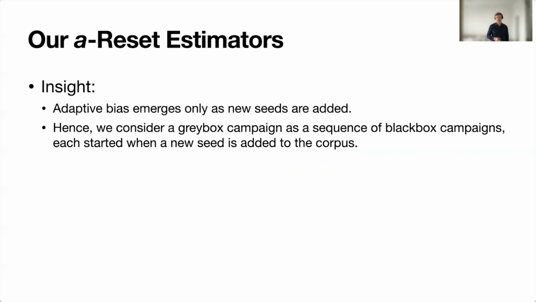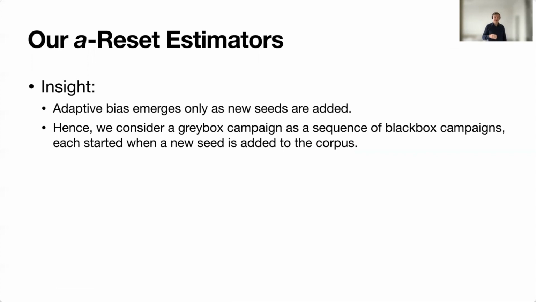So we developed two classes of estimators to address this adaptive bias, based on this more structured approach. The first is called reset estimators. The key idea is that adaptive bias emerges as we add more seeds to the seed corpus.